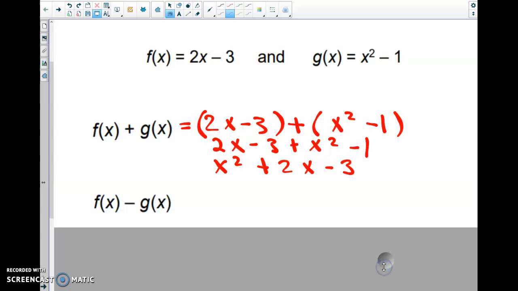The next one, f of x minus g of x. How does that change from number 1 to number 2? So looking here, we use parentheses, 2x minus 3 and the x squared minus 1. And we're subtracting these two. So go ahead and simplify this into the new equation for f of x minus g of x.